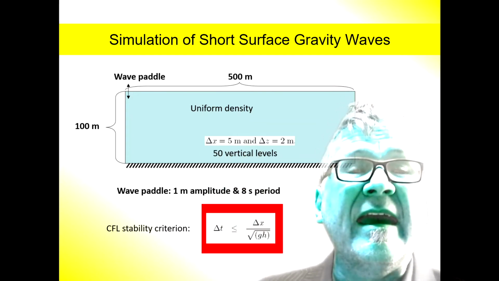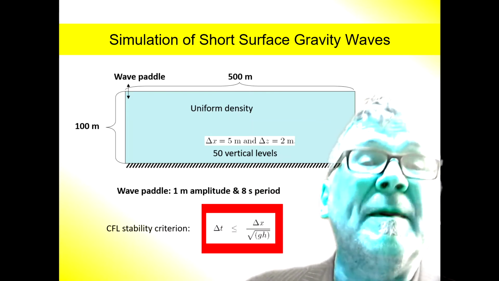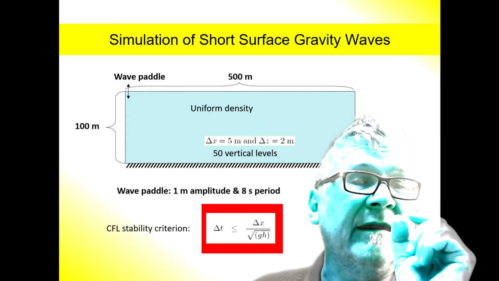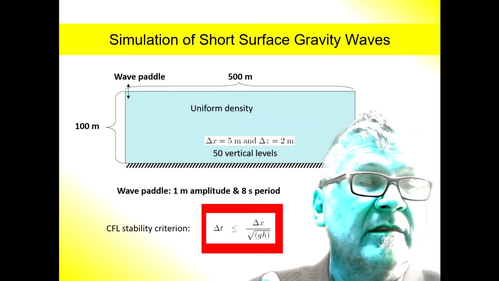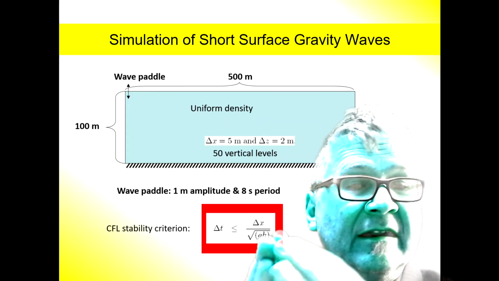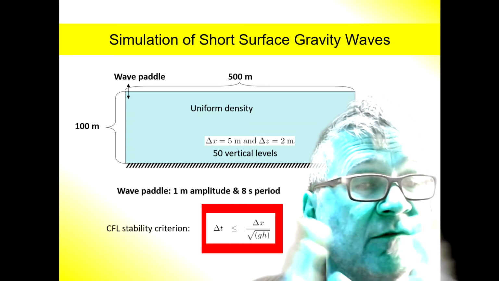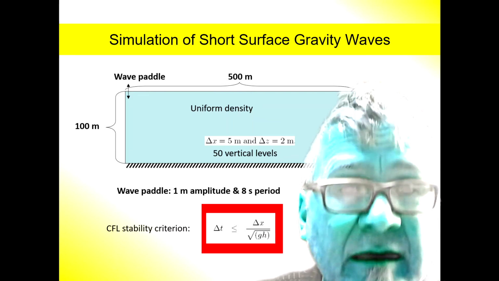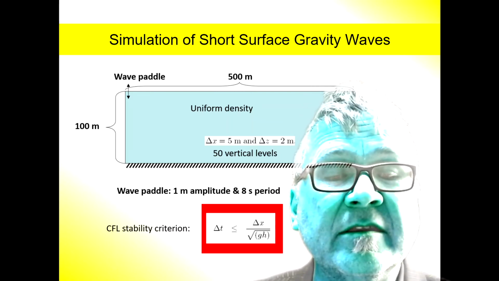On the other hand, the grid spacing that you choose, the horizontal, and also the vertical, has to be small compared to the length scale of your wave. If your wave is 100 meters long, you need something like a horizontal grid spacing of.